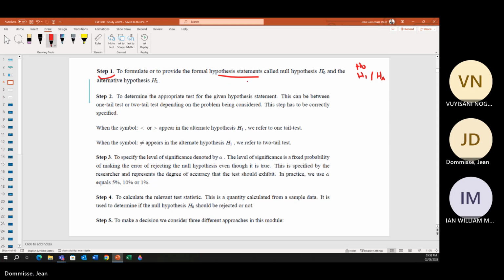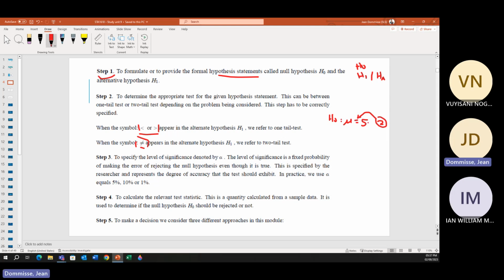Then what will happen with that hypothesis statement? Depending on what the sign is, we will see if it is a one tail or a two tail. So if our null hypothesis is equal, and let's say equal to 5, that will mean that we are dealing with a two tail, because the sign is equal to.